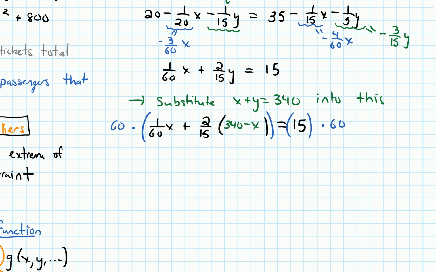Because when I distribute that 60 to the first term, I'll just get x, because 60 cancels the 60 on the bottom. When I distribute it to the next term, 60 divided by 15 is going to give me 4. And then when you multiply that by the 2, you'll get 8. So we'll get plus 8 times 340 minus x equals 15 times 60 on the other side.